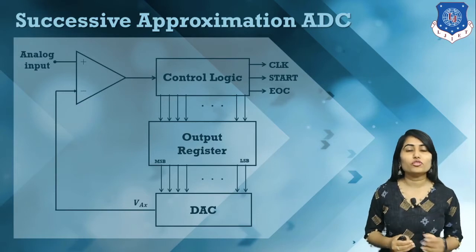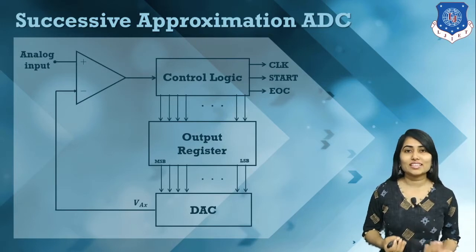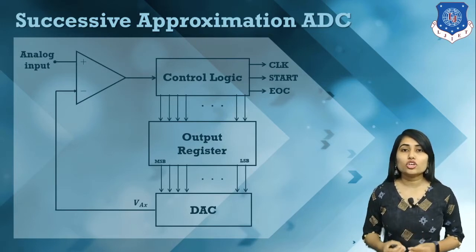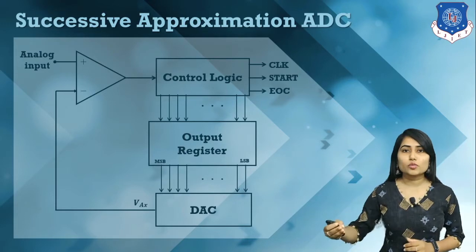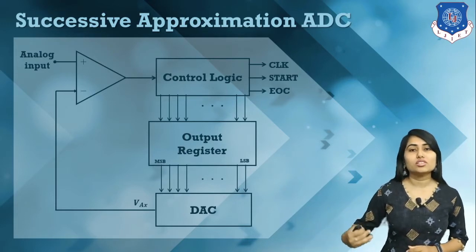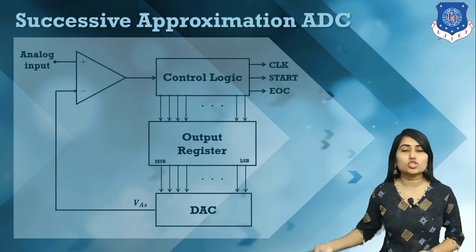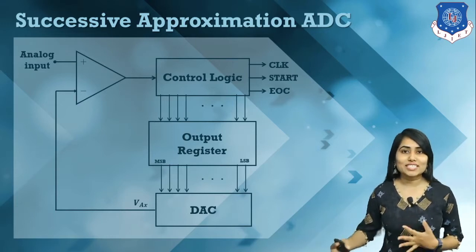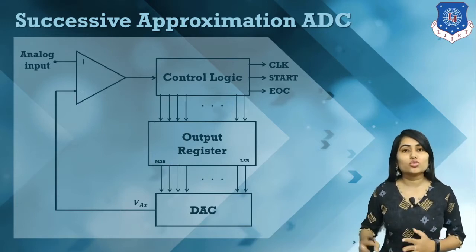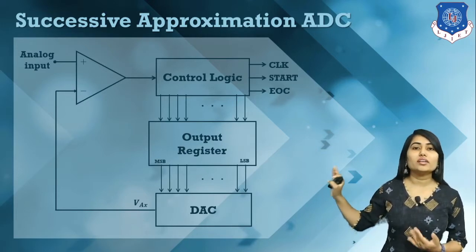For example, if we have two numbers A and B and want to know whether A is greater than B, less than B, or equal to B, we calculate A minus B. If the result is positive, A is greater than B. If the result is negative, A is less than B, and if the result is 0, then A equals B. So to compare two input voltages, we do the comparison using the subtraction method, and this comparator basically compares our voltages.